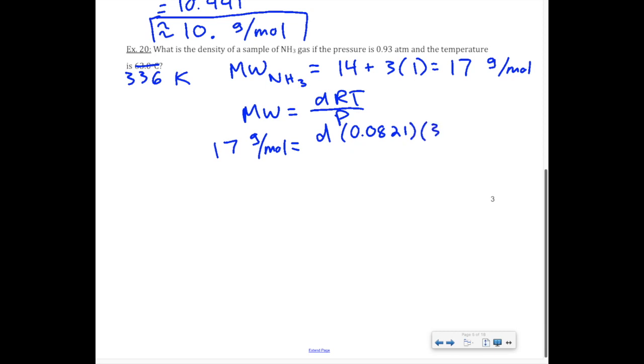And times my temperature, which is 336, and divided by my pressure, which is 0.93.